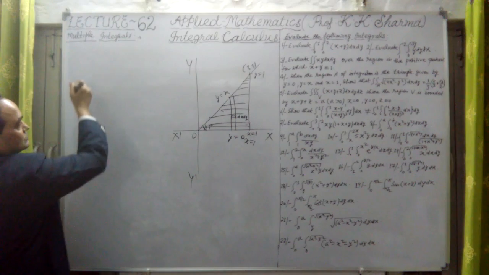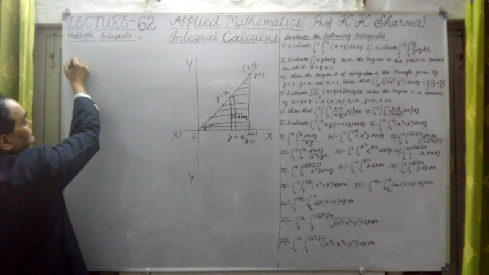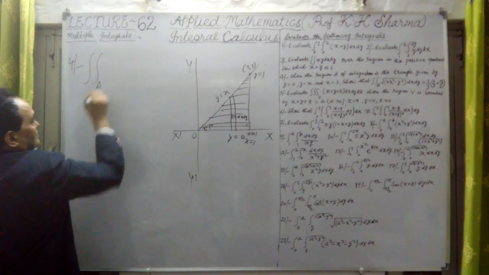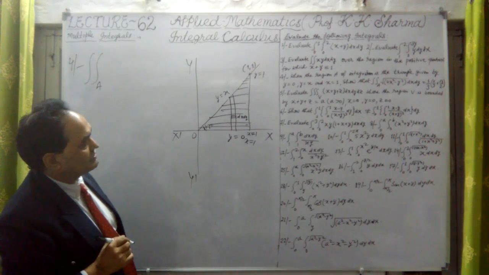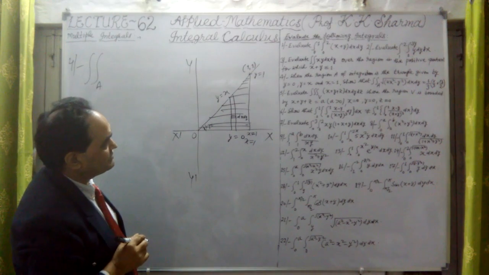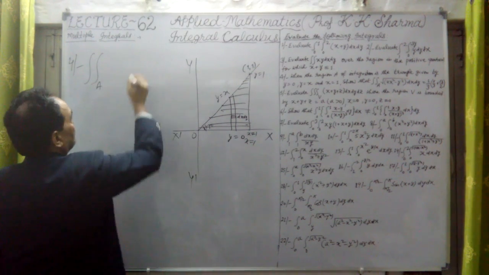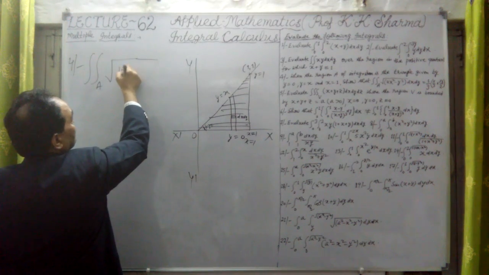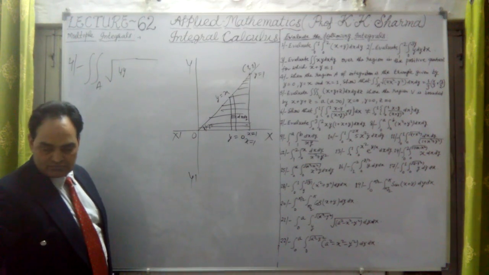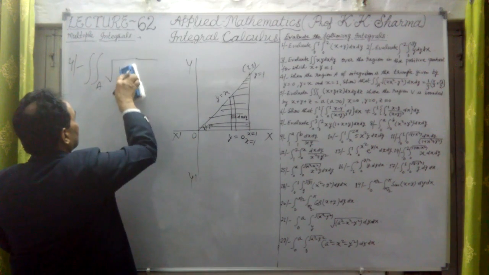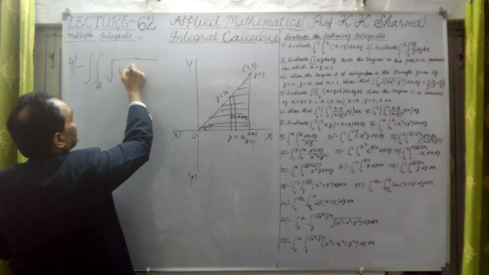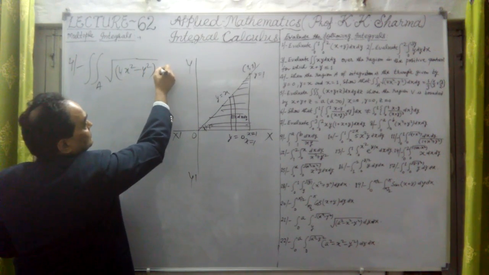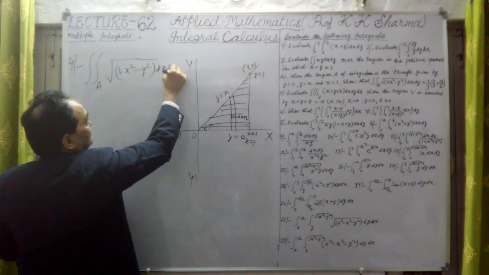In question number 4, the double integral over A of the square root of 4x square minus y square, dx dy.